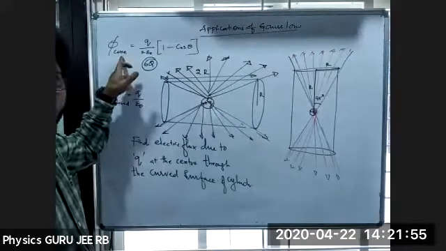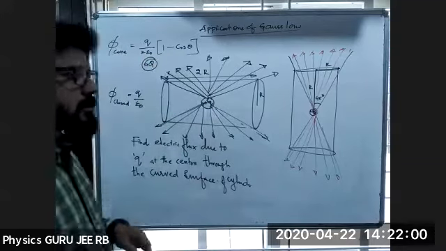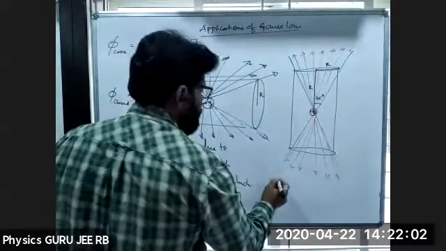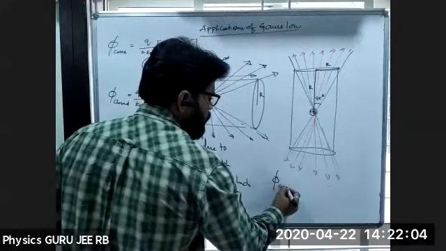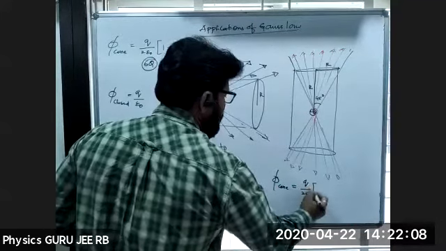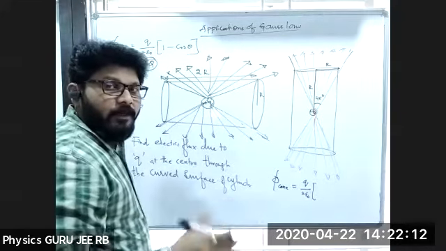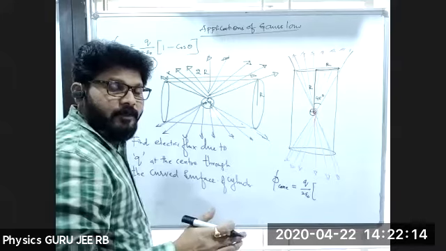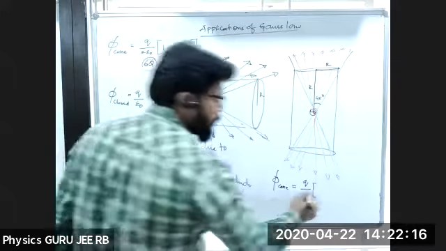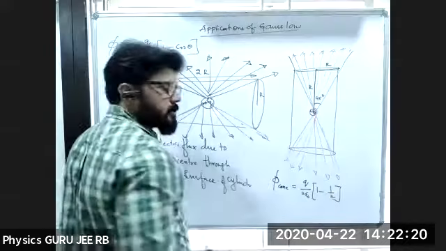For a cone we already calculated yesterday: flux is Q by 2 epsilon naught into 1 minus cos phi. So flux through one cone is Q by 2 epsilon naught into 1 minus cos 45. Cos 45 is 1 by root 2, so 1 minus 1 by root 2.